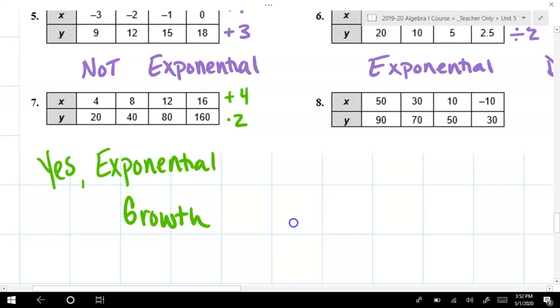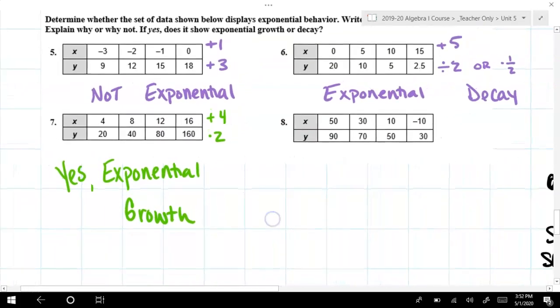The y's are increasing. For the next one, x's are changing by subtracting 20 each time, and the y's are changing by subtracting 20 each time. So this is not exponential.